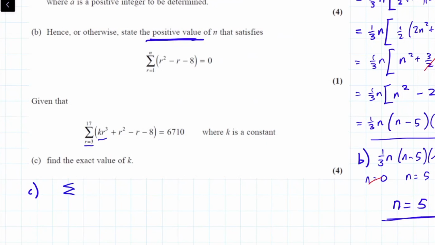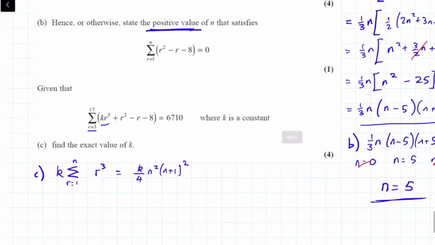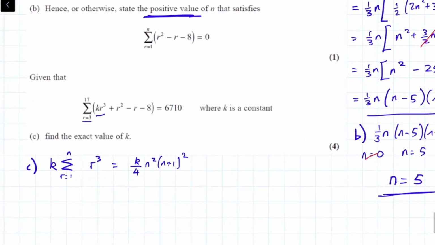Well, we know that if it were 1 to n kr³, okay, we could take the k to the front, and it would become k over 4 n squared, n plus 1 squared. Right, so now we're going to try and put this all together.